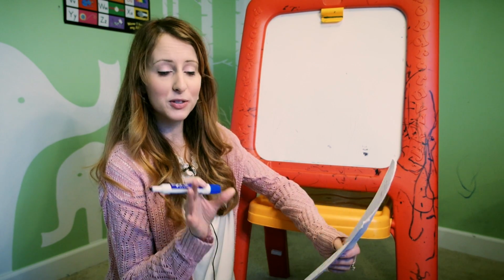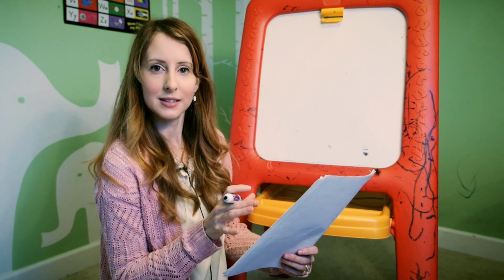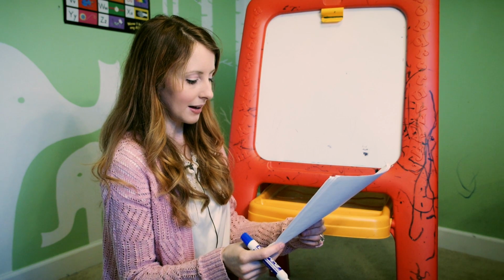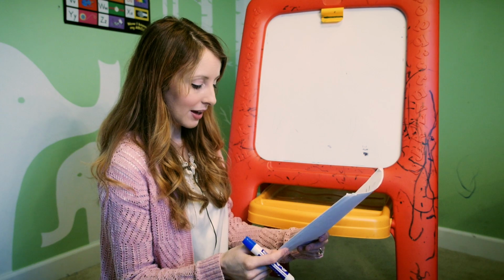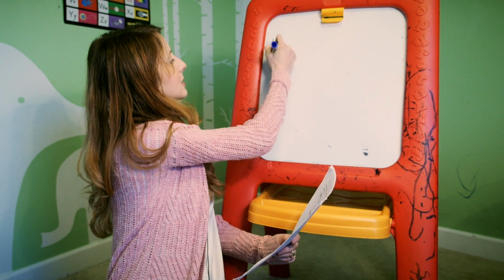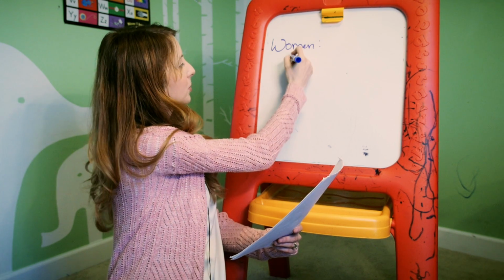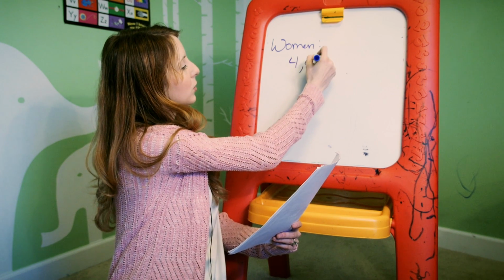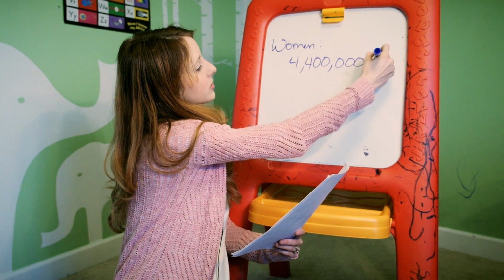Let's write these numbers first in standard form, and then we'll turn them into scientific notation. Let's start with the 4.4 billion that women spent on shoes. So let's take the women's numbers. 4.4 billion would be $4,400,000,000.